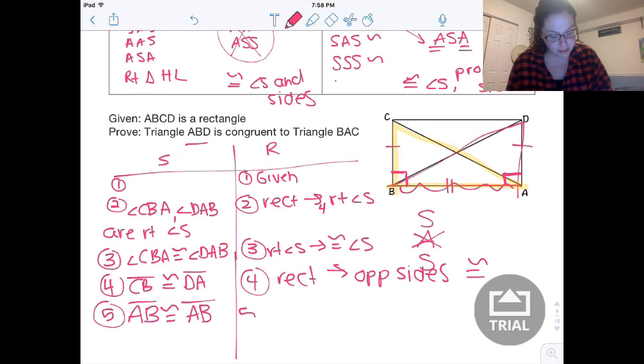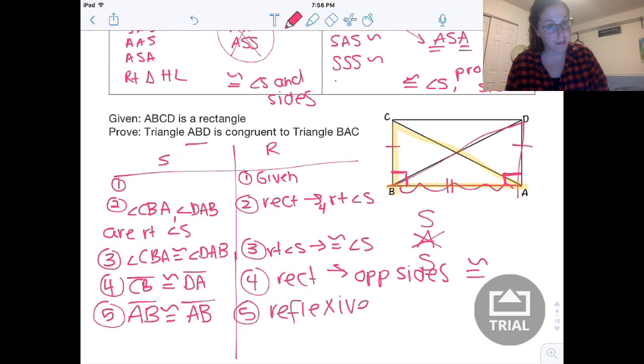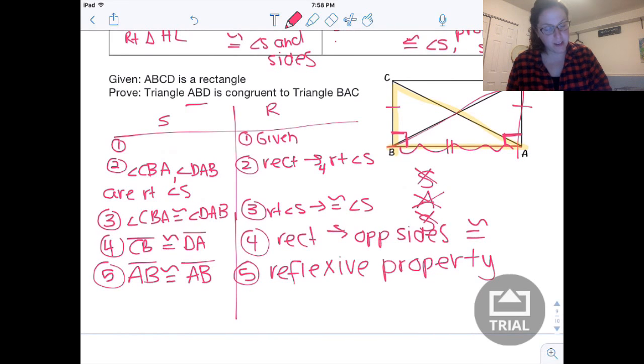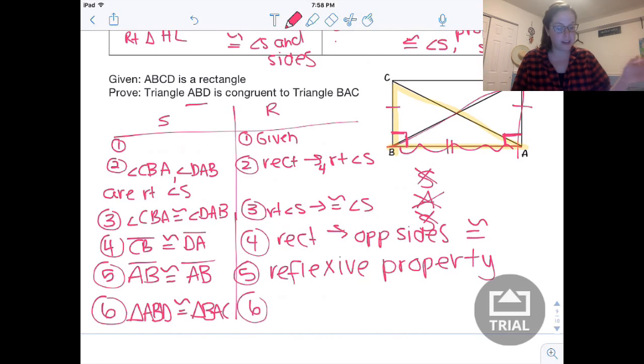If you want to get really fancy, reflexive property of congruence, but reflexive property, right? So that tells me I have all 3 checked off. That allows me to say that the triangles are congruent. So triangle ABD is congruent to triangle BAC by side, angle, side, right?